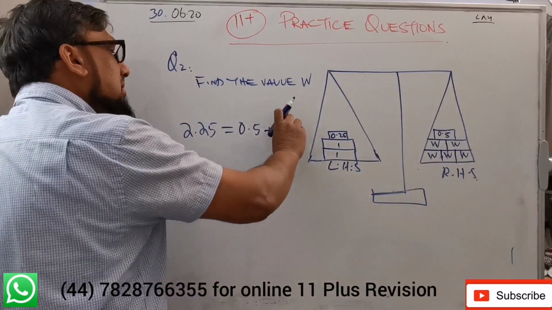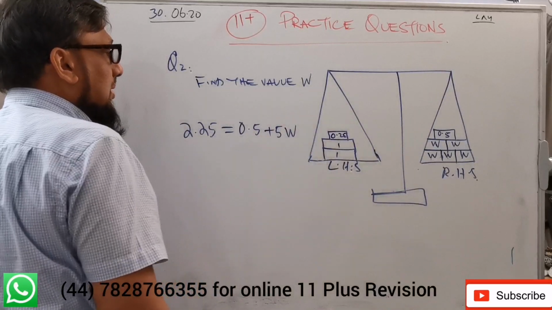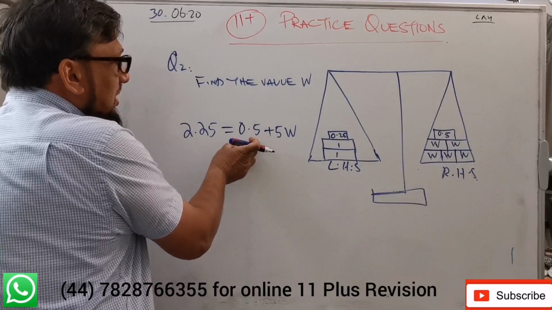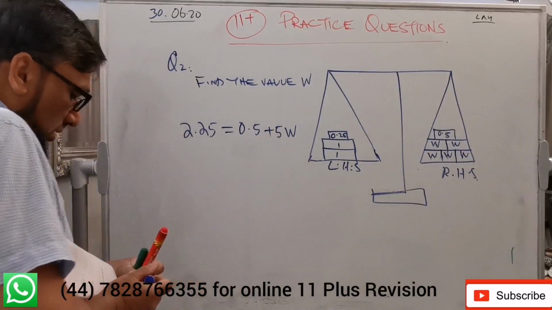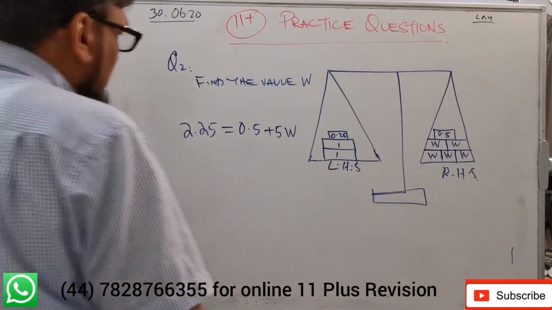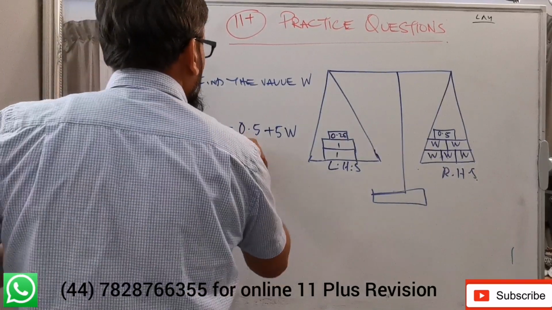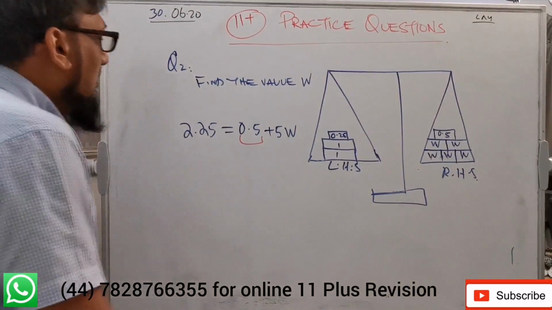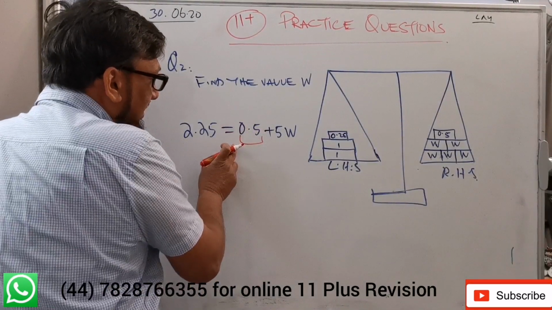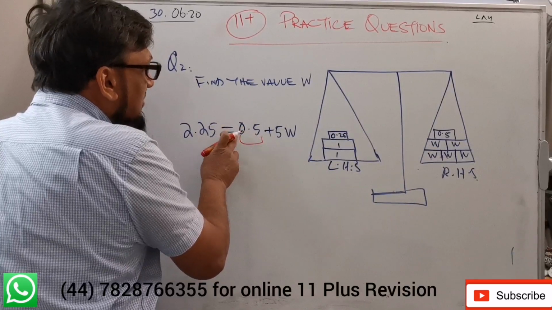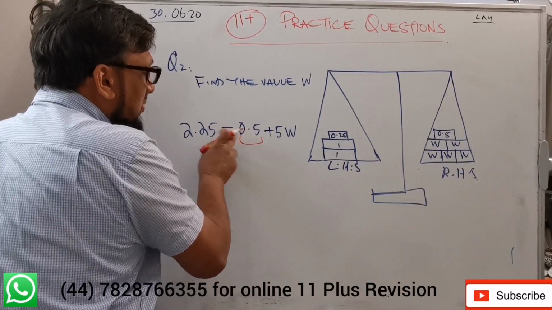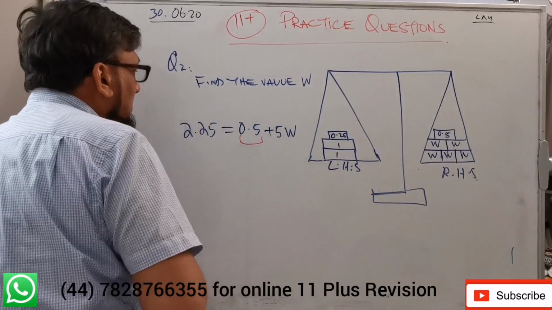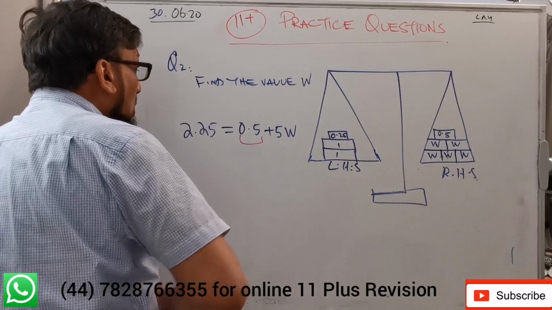We need to isolate this W. First we need to check is there any number next to it, which is 0.5. There is no sign next to 0.5, which means the sign is positive. So how can we remove it? Very simple, we need to subtract from both sides, okay?